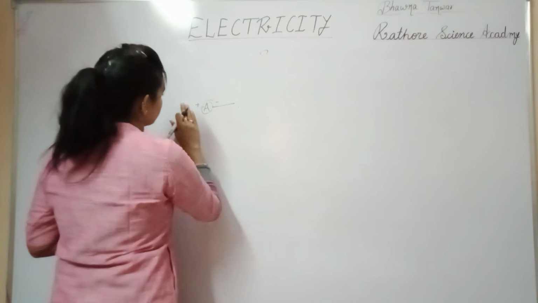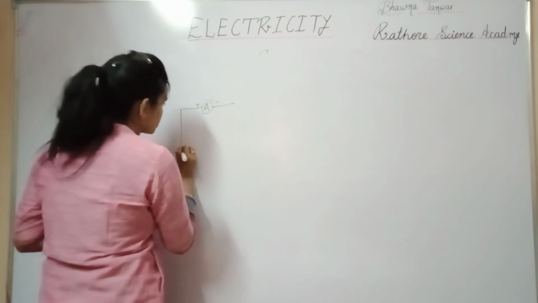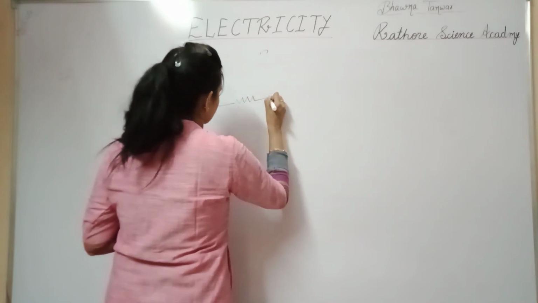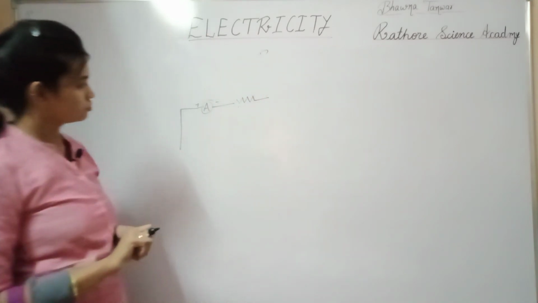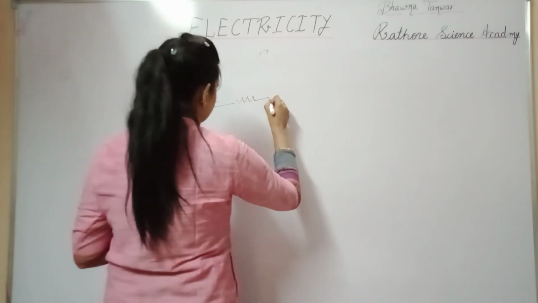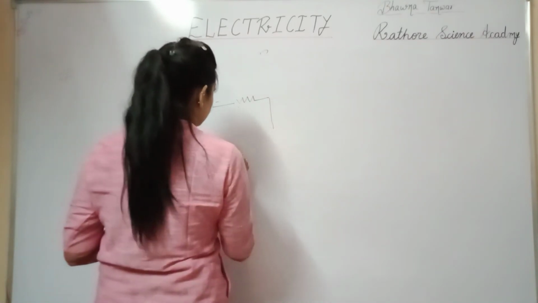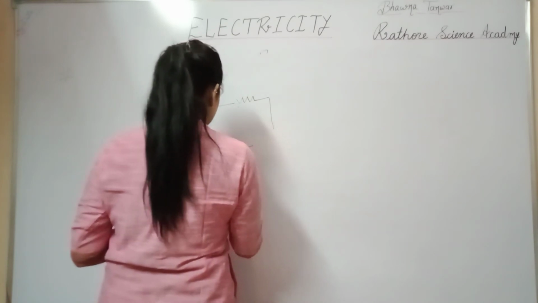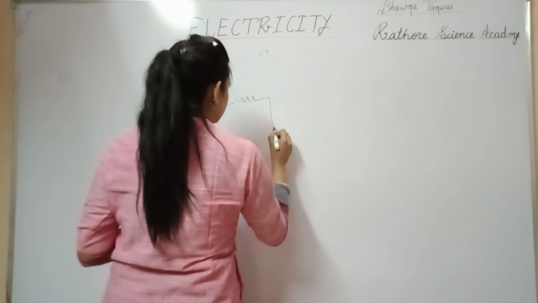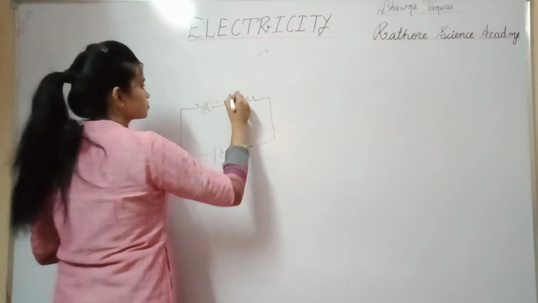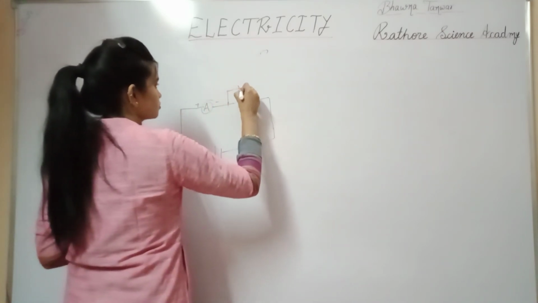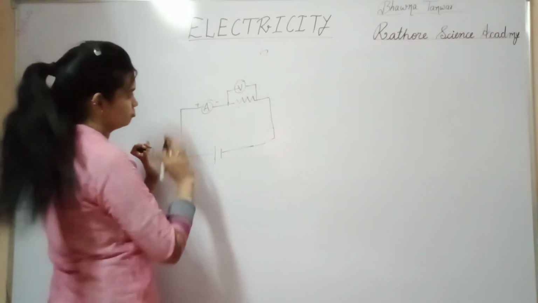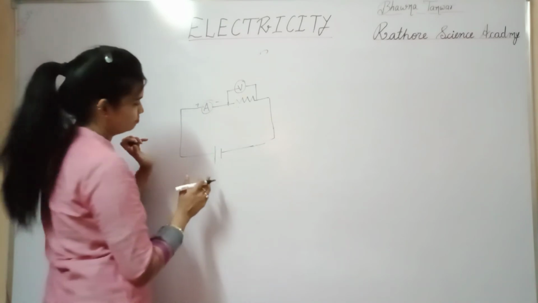So I am drawing this also, so that there will be no confusion. This is the voltmeter. The diagram is a little bit tilted. You assume it in the proper way, okay?